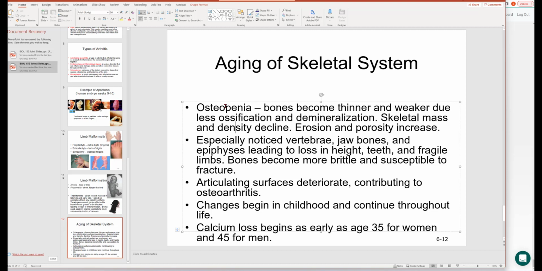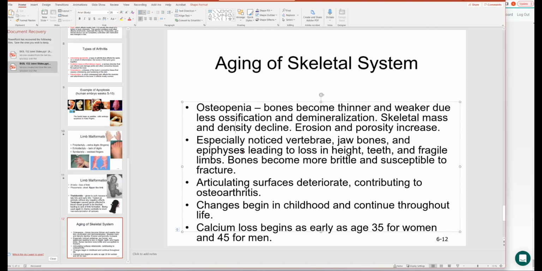And with osteopenia, again, bone density decreases, our bones become more likely to break. Now, this osteopenia is more likely to occur in the vertebra, jaw, and the epiphyses.